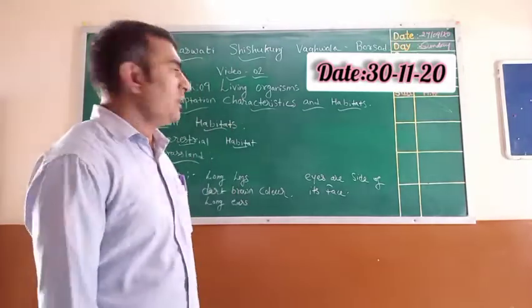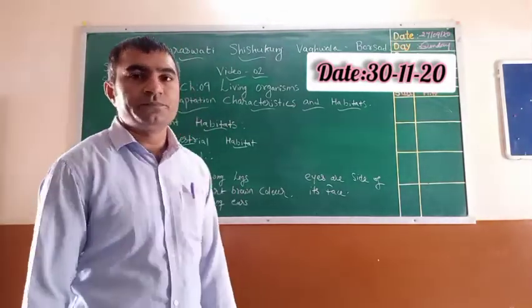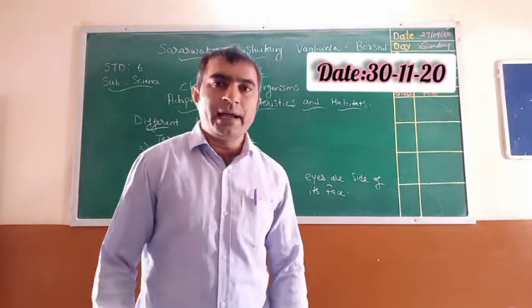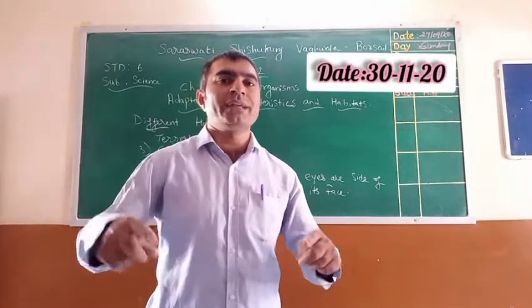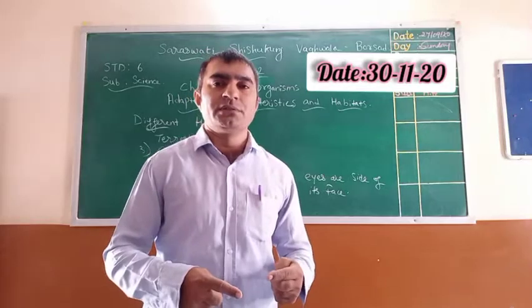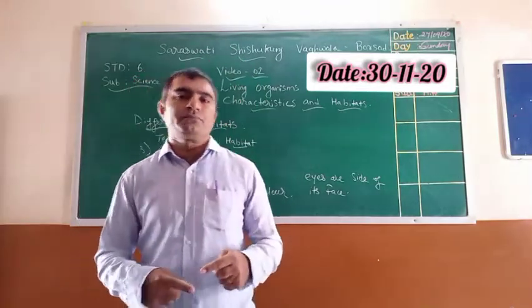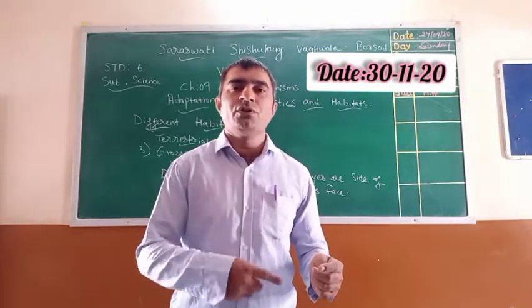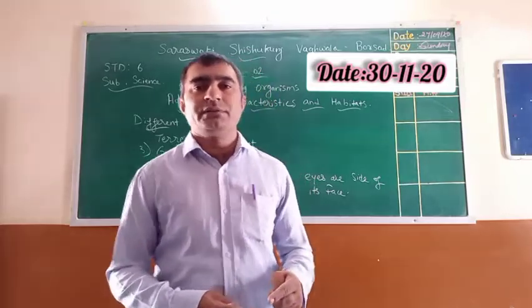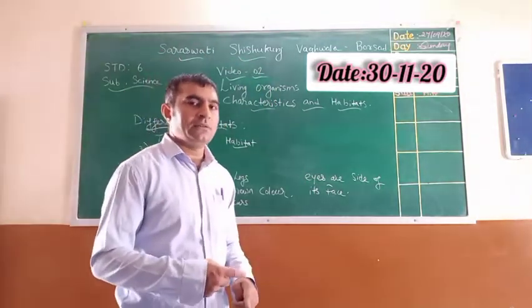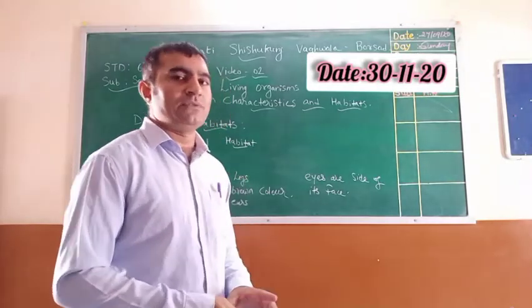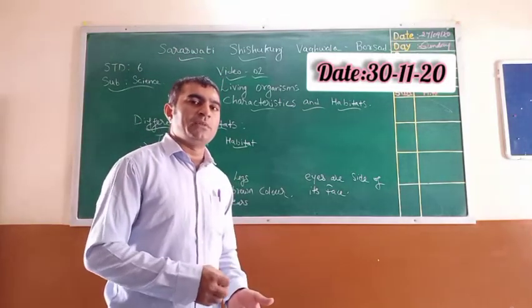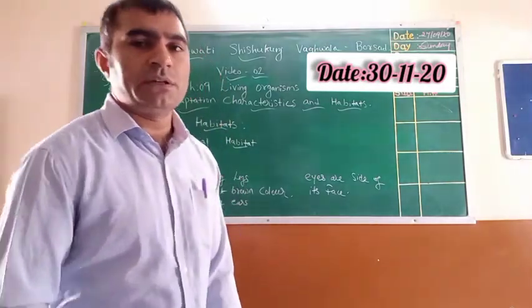So dear students, today in this video we have studied different kinds of habitats and adaptations of animals, the features which help them survive in specific conditions. We studied terrestrial habitats such as grassland, mountains and deserts, and the features of plants and animals which help them survive in those conditions. Thank you.